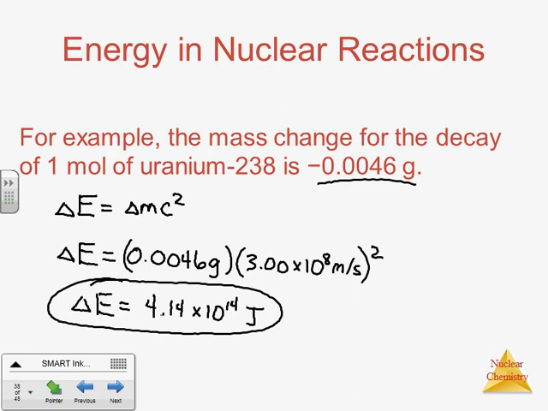So 1 mole of uranium-238 gives off a lot of energy, and that's the idea behind atomic bombs, nuclear fission and nuclear power plants. There's a very large amount of energy given off, and the reason is that in the process, some mass is actually converted into energy. It's a very interesting concept.